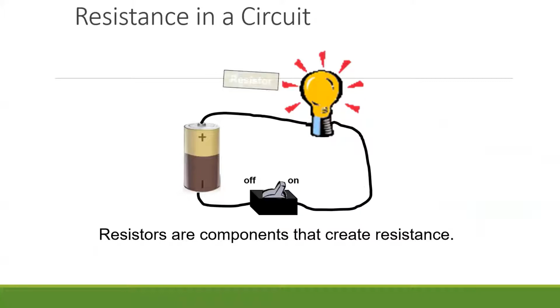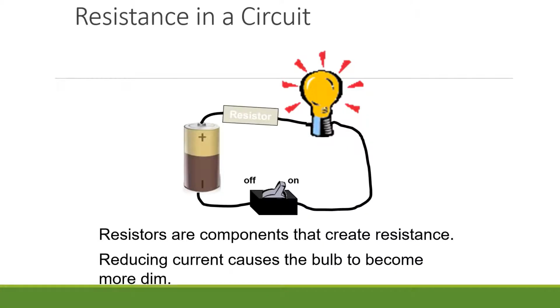For example, this is a component called a resistor, and a resistor is just an extra little hurdle that the electrons need to go over before they can get back to the battery. So it's an extra thing that's going to use energy. These electrons are going to lose some energy to the resistor. So that means they will lose less energy to the light bulb. This causes the light bulb to become a little bit dimmer.